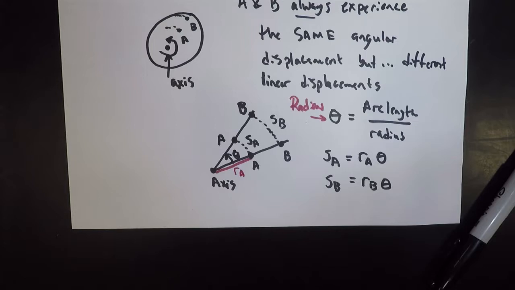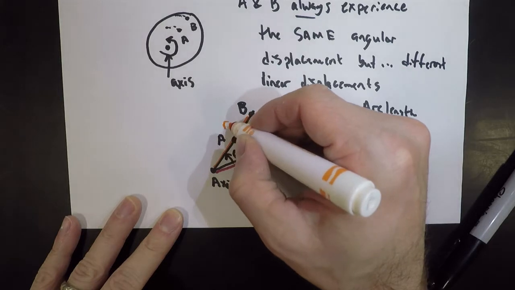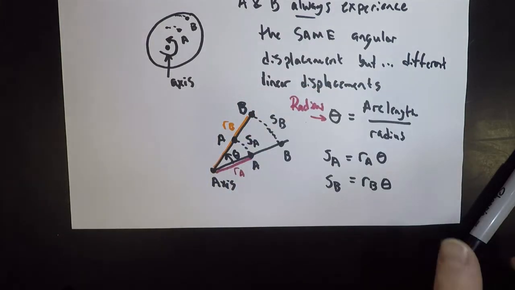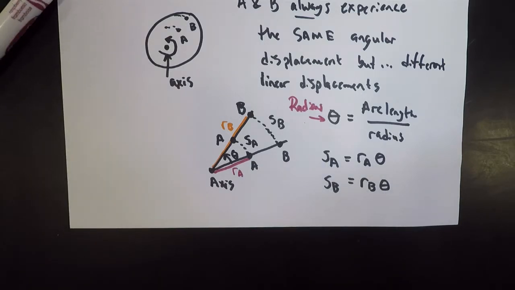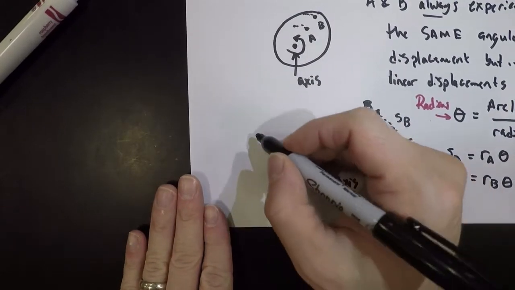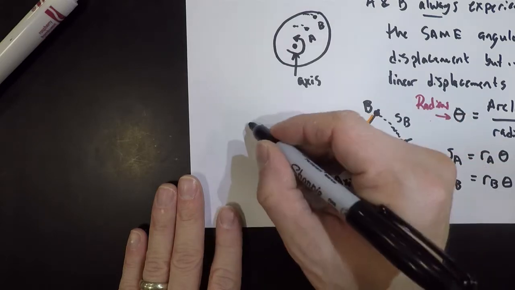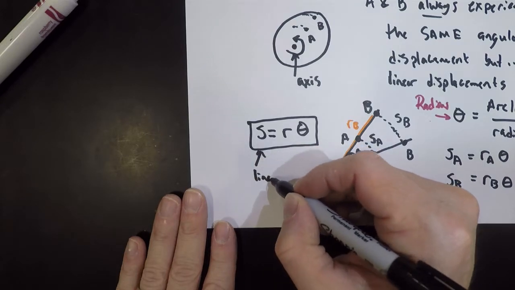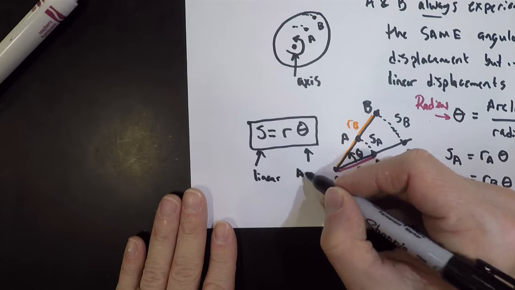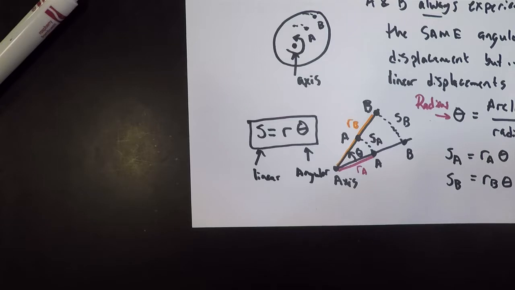So this dimension right here would be RA, and this dimension right here would be RB. So they both travel through the same angle theta, and yet having different radii, therefore travel through different linear displacements. So in general, we could say that arc length s is equal to radius r times angle theta. This is a very useful relationship to move between the linear variable and the angular variable. And we'll see this relationship of multiplying a radius by the angular variable will often be used to figure out the corresponding linear variable.